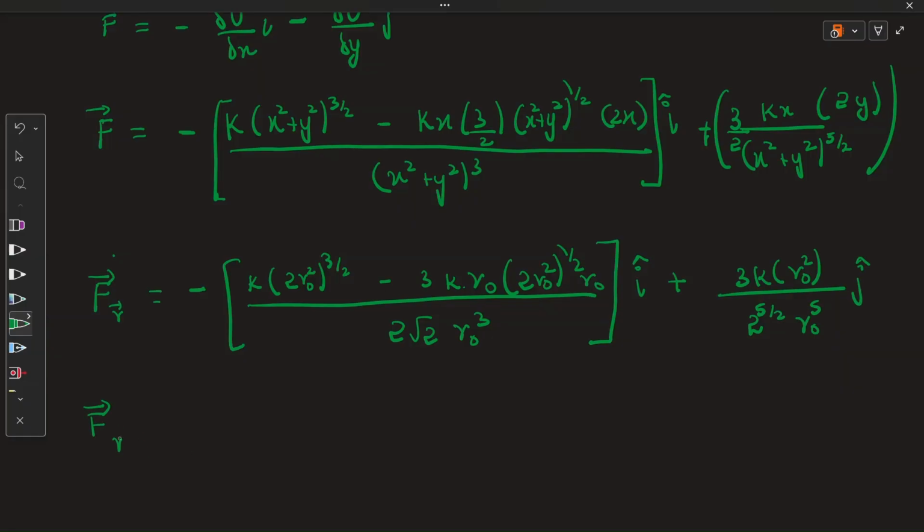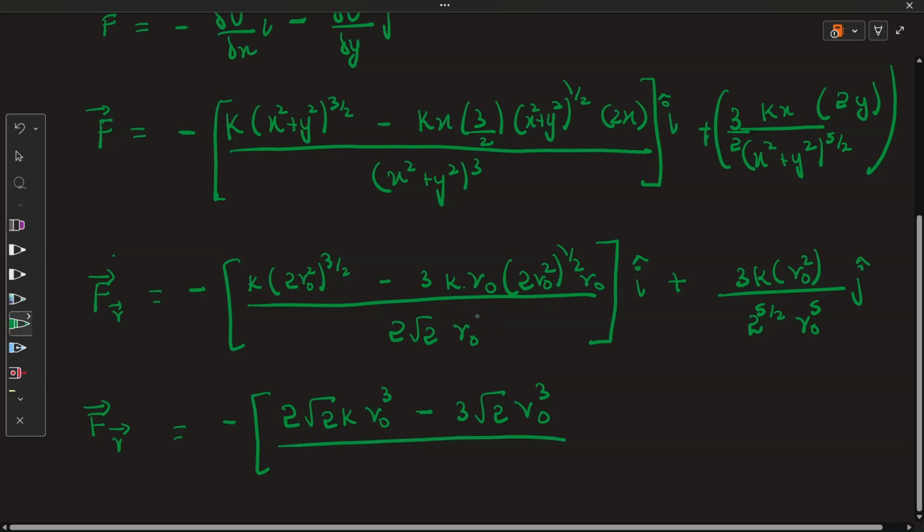So finally, the force vector at position vector r is negative of, so it becomes 2^(3/2), which is nothing but 2 root 2, k into r₀³ minus 3 root 2 r₀³, whole divided by r₀⁶.